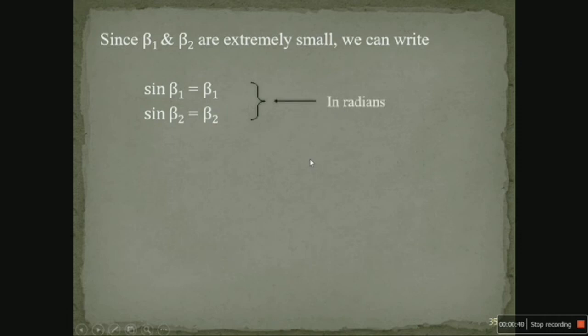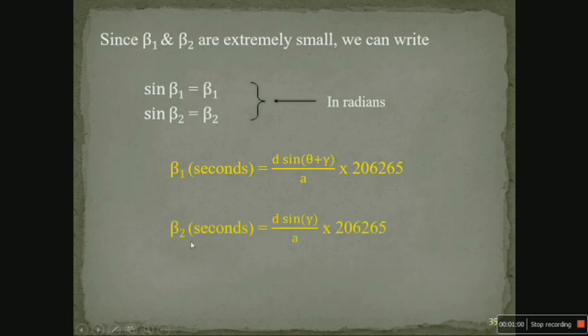So our formula will be beta 1, whose value is in terms of seconds, is equal to d sine theta plus gamma divided by a, multiplied by this constant value. Similarly, our beta 2 formula will be like this.